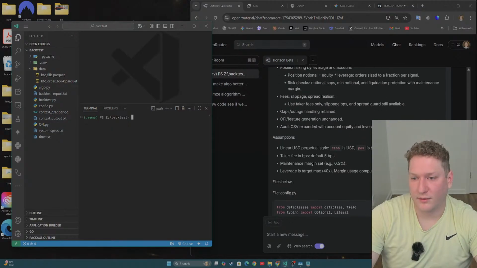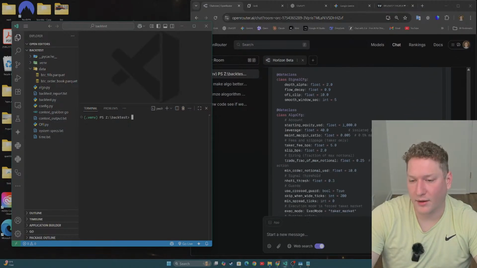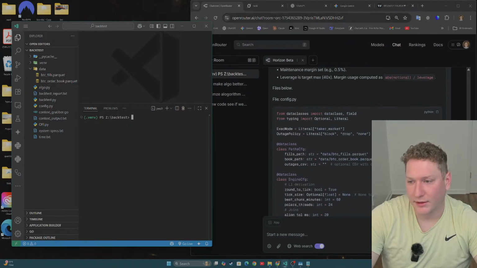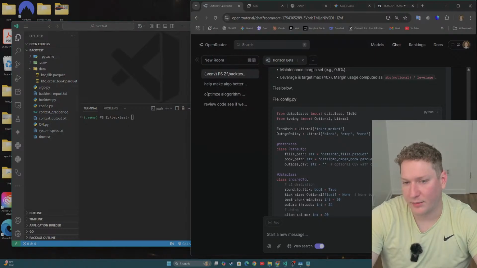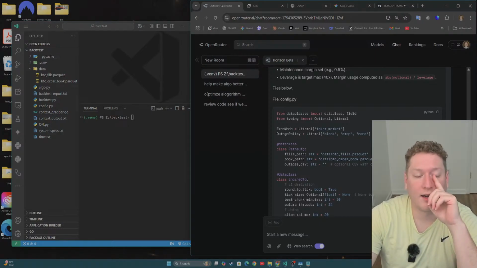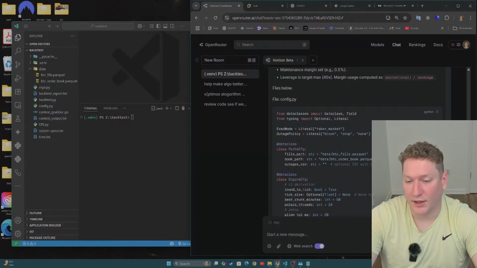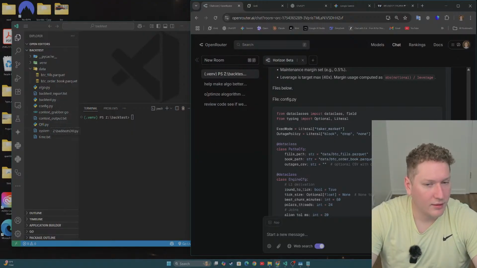We're not going to mess around with limits, because you've got to think about it: the algorithm tries a limit, and then it has all this complex logic to deal with, like, oh, it didn't get filled. But with market, you've entered, and there's going to be some slippage, but that's what you have to deal with here.